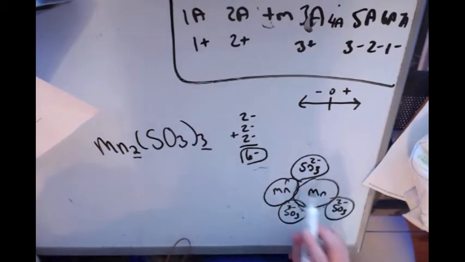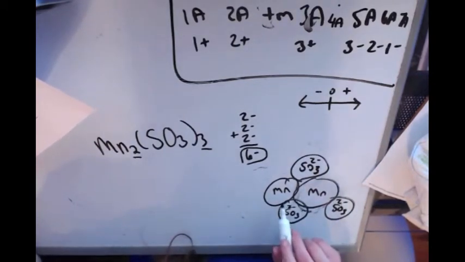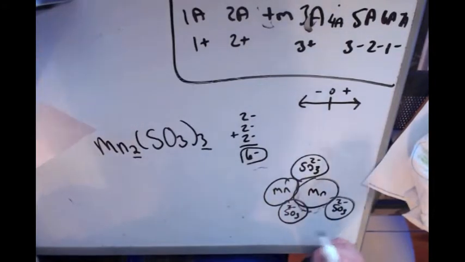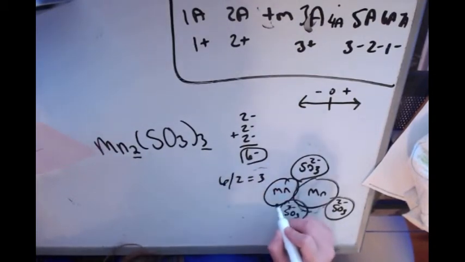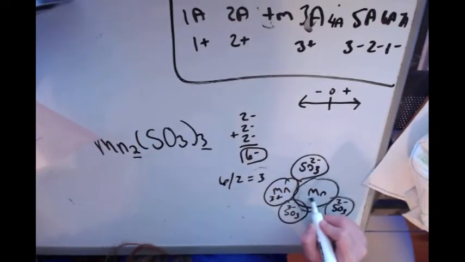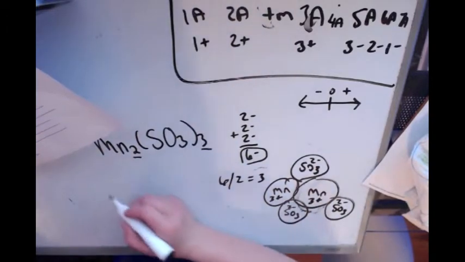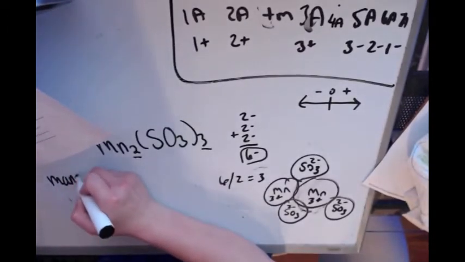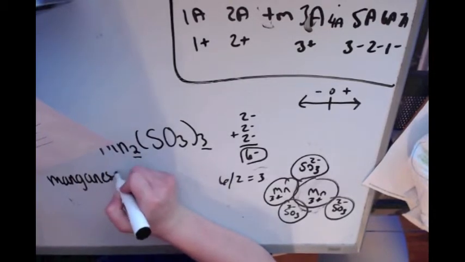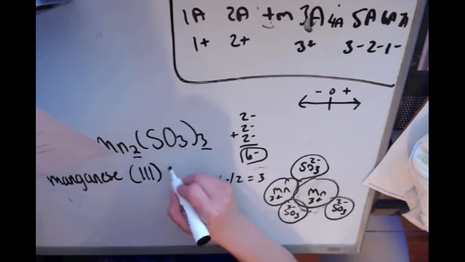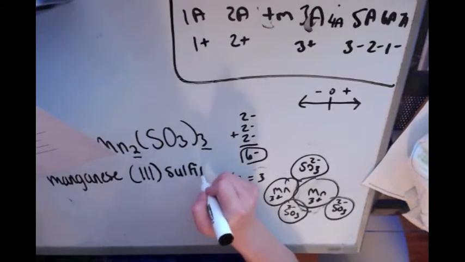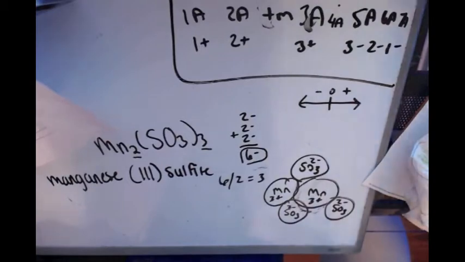So if this is 6 minus, what positive charge does each of these manganeses, and there's 2 of them, have to have? Well, what is 6 divided by 2? You get 3. So each one has to have a 3 plus charge. So you can then write it out as manganese(III) sulfite. Does that make sense?